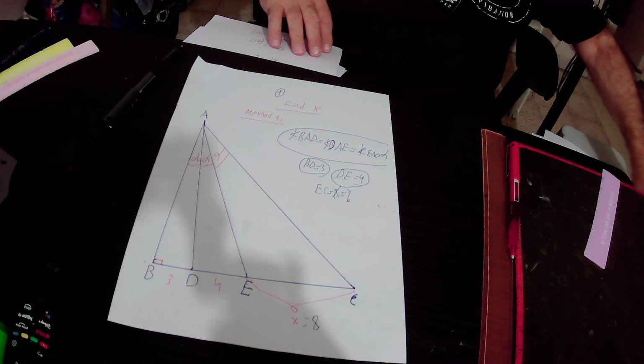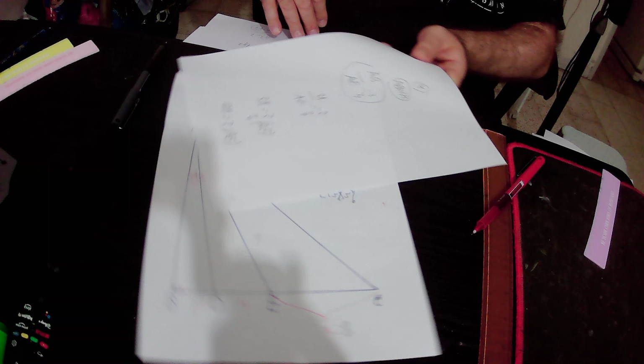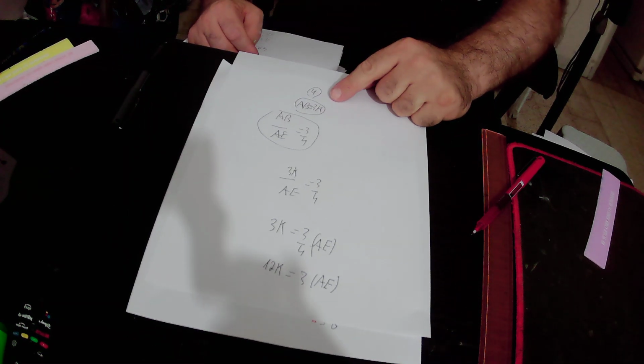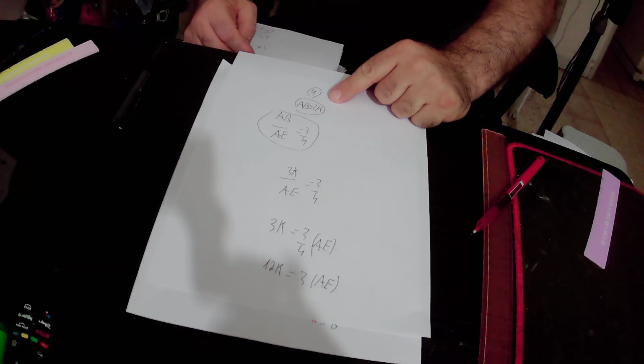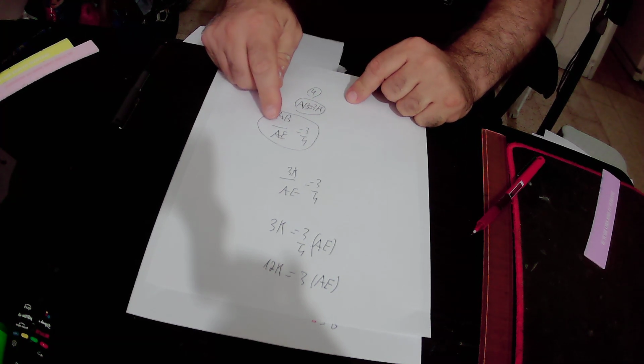So if we define AB as 3k, we will find the value of AE. We defined AB as 3k, so we can substitute AB by 3k, and in this way we will find out the value of AE.